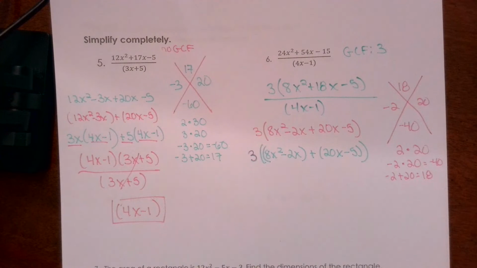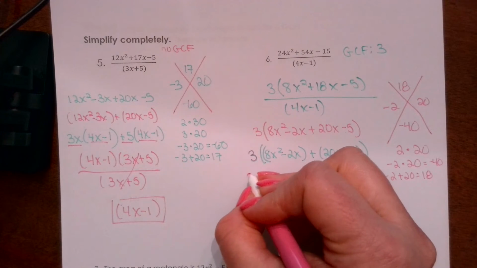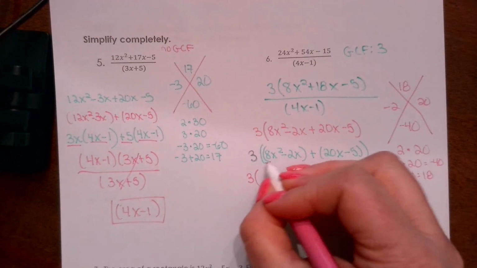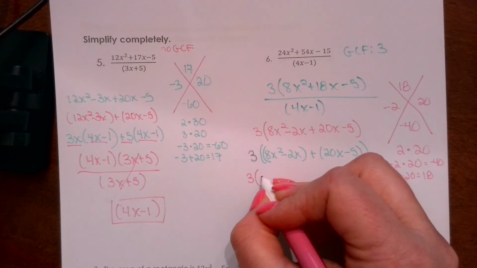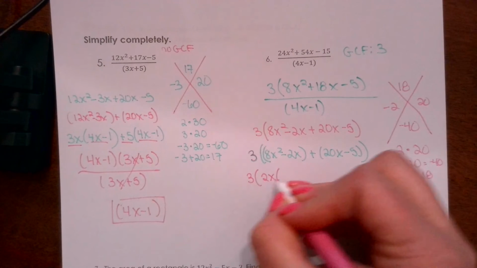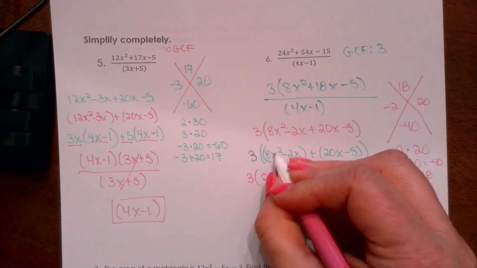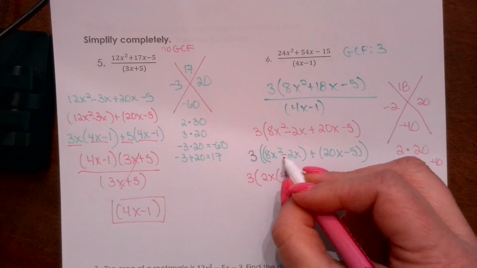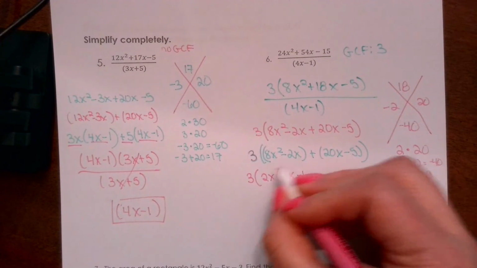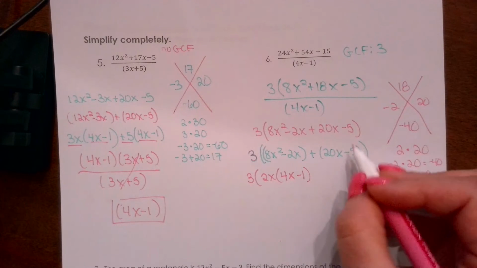All right, now I want to take out a GCF out of each binomial. I can take out a 2x here. 8 divided by 2 is 4. 2 minus 1 is x. Negative 2 is minus 1, and the x goes out.